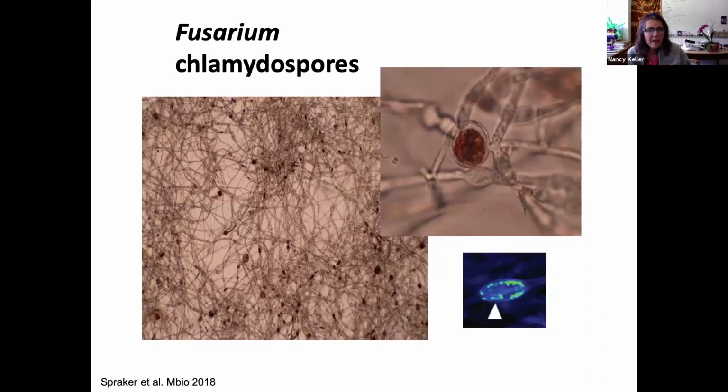Now, as we were working on this, we noticed that in the Fusarium species, the chlamydospores, which are smaller than Aspergillus, but many of them, all turned red. Just about. Here's one that's not red yet, but it will turn red. And here's the bacterium. It also enters inside this chlamydospore. The bacterium goes in all chlamydospores.